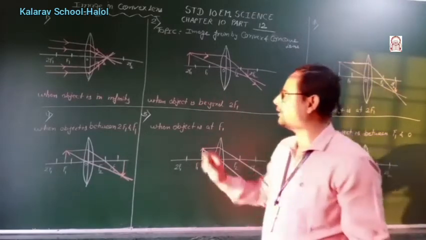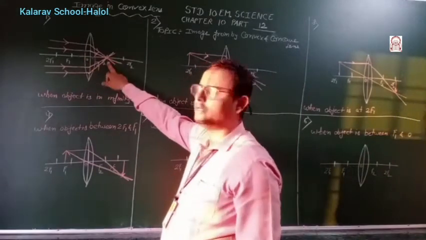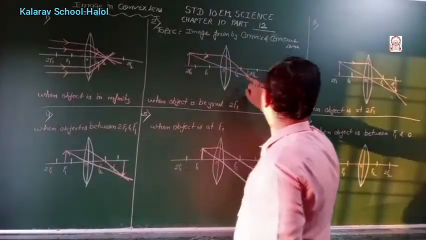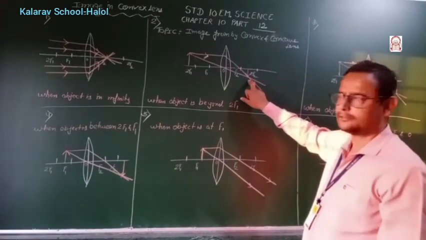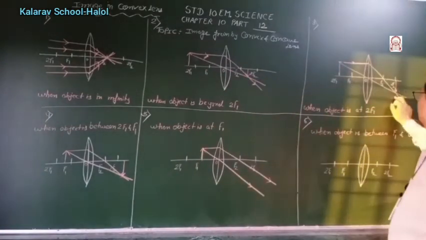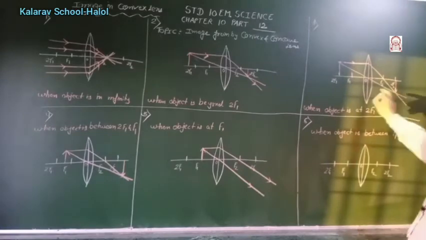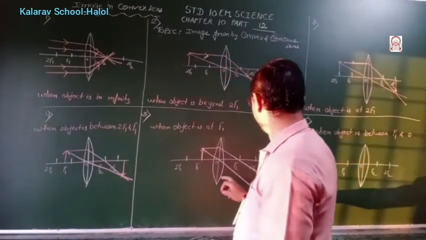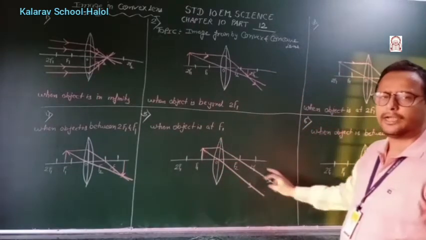The only difference is that here the image will be smaller, very point size, here smaller than the object, here the image exactly equal to the object, here the image larger than the object, and here too large than the object.